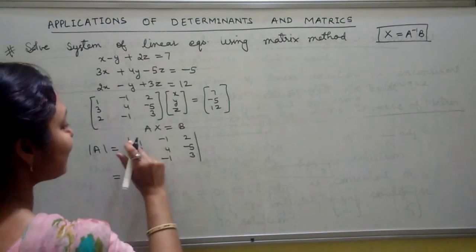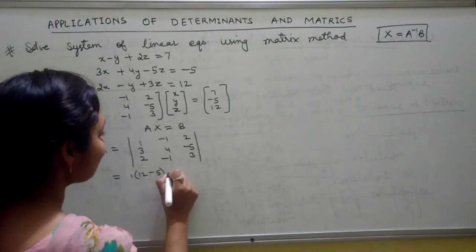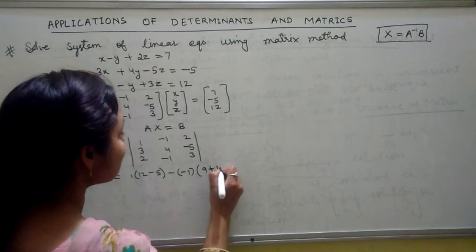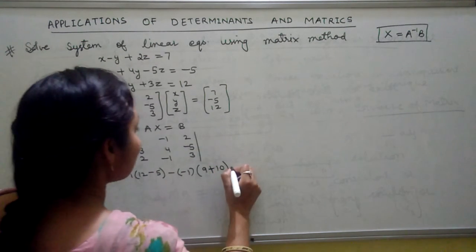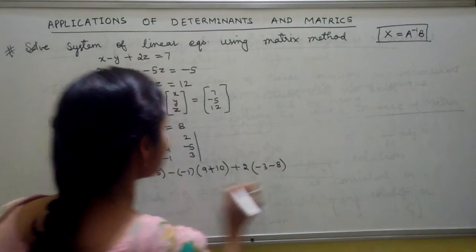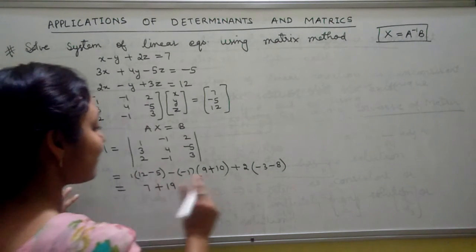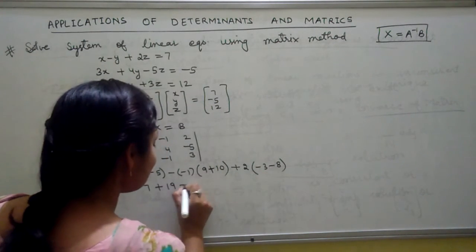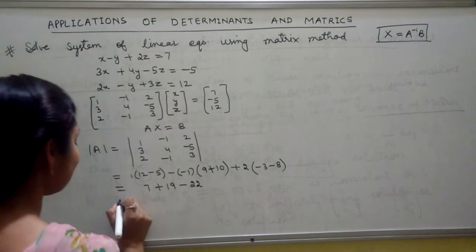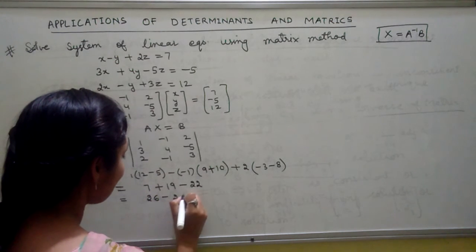So check this one. 4 3s are 12, minus 5 is already there, so 12 minus 5 is 7. 3 3s are 9, plus 10, that is 19. Then minus 3 minus 4 2s are 8, so minus 11. So 7 plus 19 is 26, minus 22.